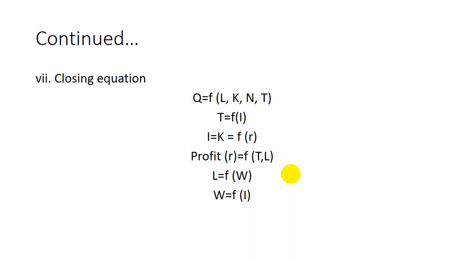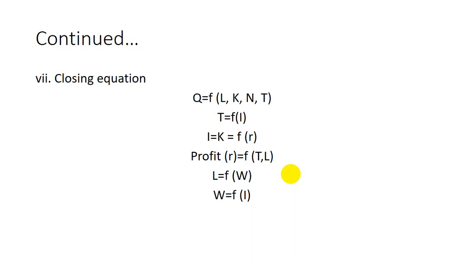The 7th equation of classical theory is as under. You have to listen carefully, because if someone did not understand any proposition, they can understand it under this closing equation, the things that they did not understand when I was explaining propositions 1, 2, 3, 4 and so forth. In the first equation, quantity is a function of labor, capital, natural resources and technology.